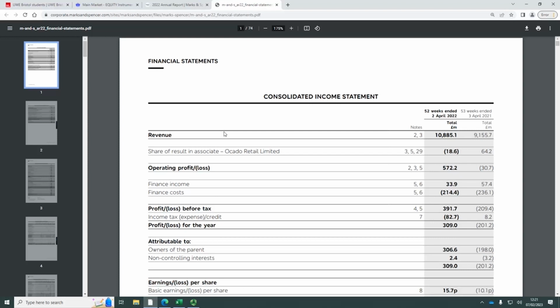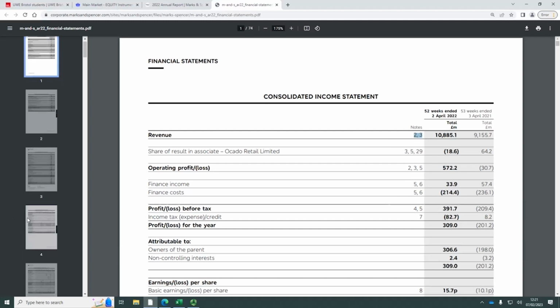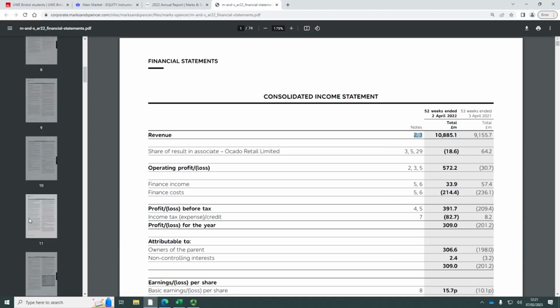And cost of sales should be here, but it's not here. And that's one of the problems you will encounter when trying to locate and extract figures from the financial statements. So what we need to do is go and look into notes 2 and 3 to see if we can find that figure there. And we will have to do this looking into the notes.